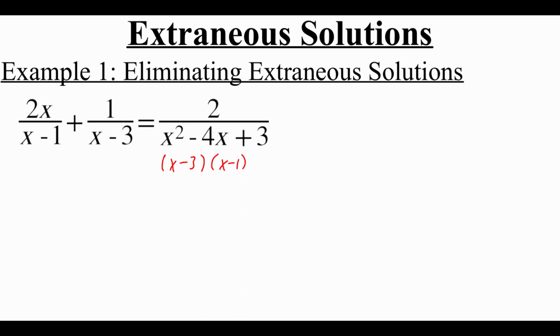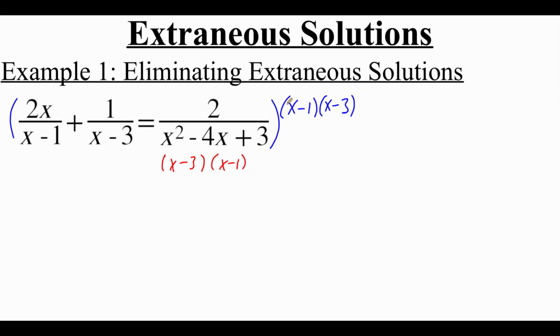To get rid of the x minus 1 on the bottom of our first fraction, we're going to need to multiply by x minus 1. But since we have another fraction with a different denominator, the x minus 3, we're also going to have to multiply by that in order to cancel out that fraction. So we're multiplying by both the x minus 1 and the x minus 3, and that's actually going to help us cancel out both pieces on the right-hand side.